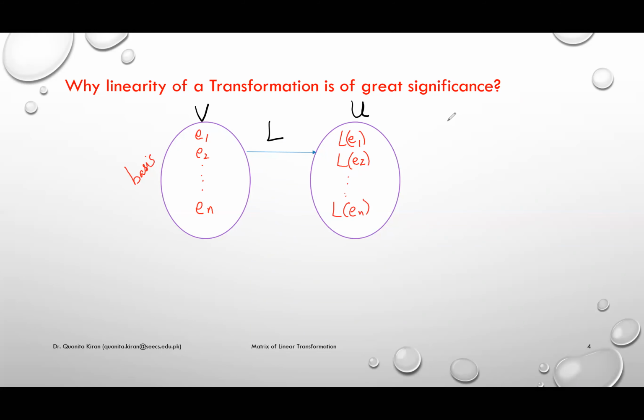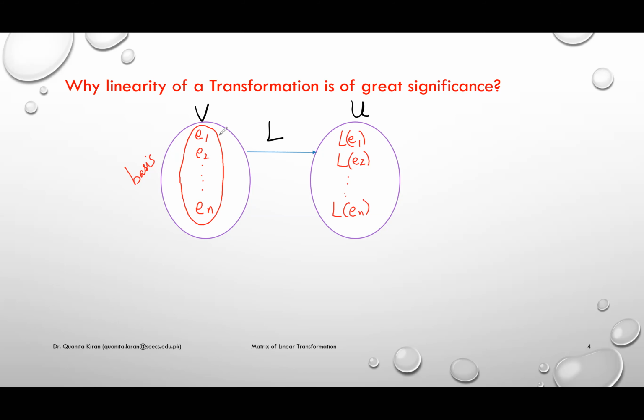Now, if L is the linear transformation, then since we know the action of L on these basis vectors, we can find the effect of L on each and every element of this space, because each and every element of this space can be uniquely determined through these basis vectors.